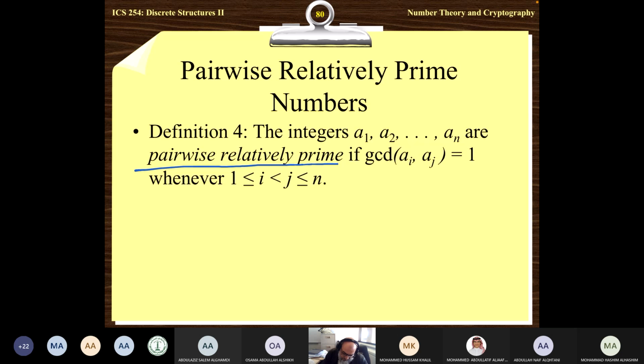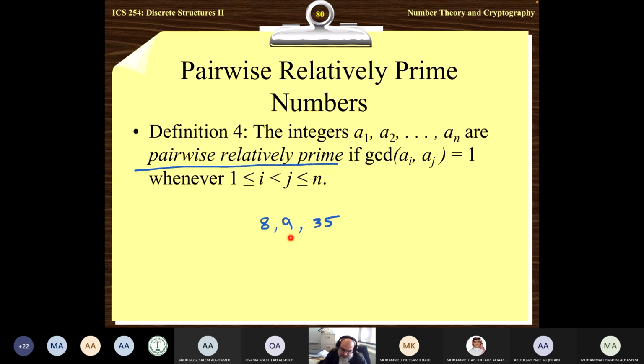So for example, if I choose 8, 9, and let's say 35. Are they pairwise relatively prime? What's the greatest common divisor between 8 and 9? 1.